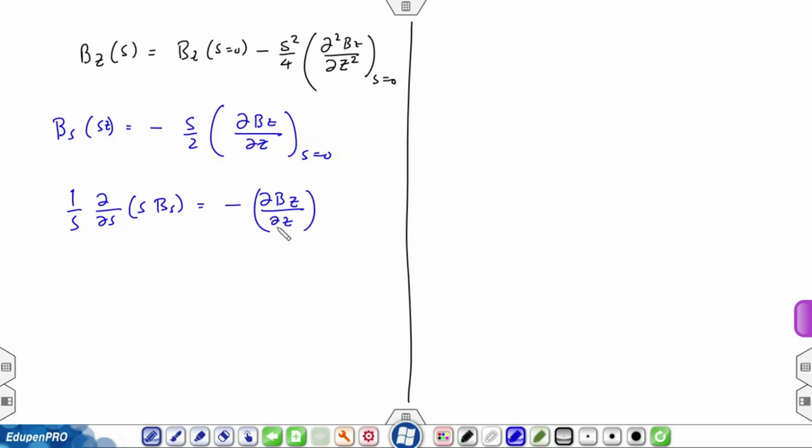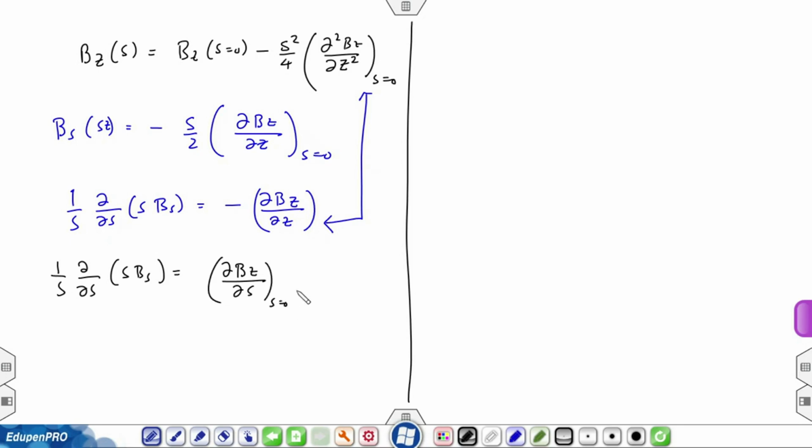Now that we have found Bz to a certain s value, I can substitute that and write that 1 over s d by ds of s Bs is equal to dBz by dz at s equals 0 minus s square by 4 d2Bz over dz square at s equals 0, and there is one more d by dz on this. I will put a minus sign in front and plus sign here.